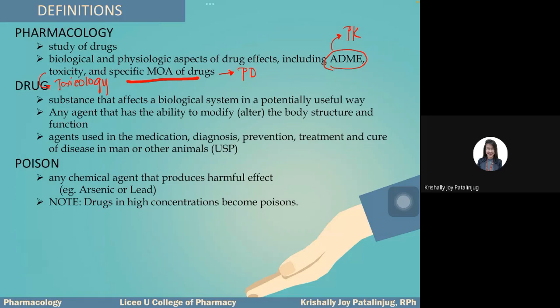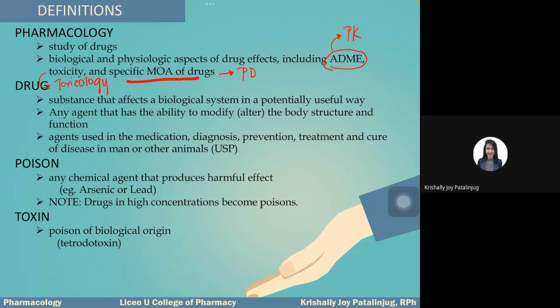Okay. Now, a type of poison that is naturally produced or produced biologically, let's say produced by plants, animals, or bacteria, then that we term it as toxin. So it's a type of poison, but of natural origin.